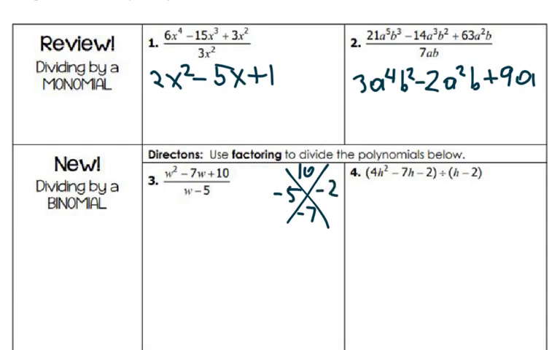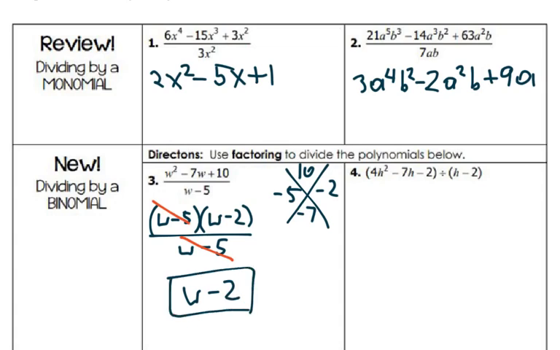So I can rewrite the numerator as (w minus 5) times (w minus 2) over w minus 5. And I notice that there is a common factor in numerator and denominator of w minus 5, which I can reduce, and that gives me the answer of w minus 2.